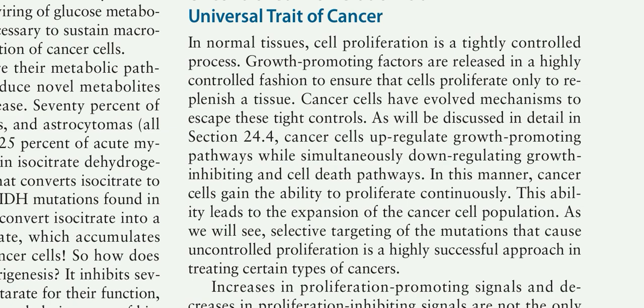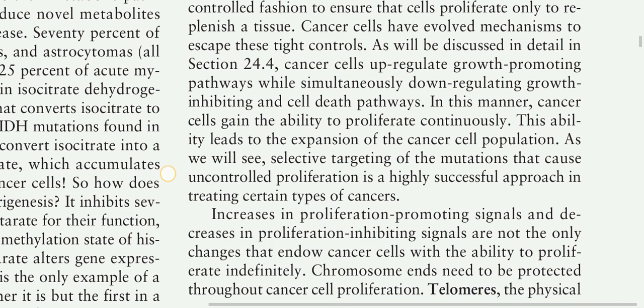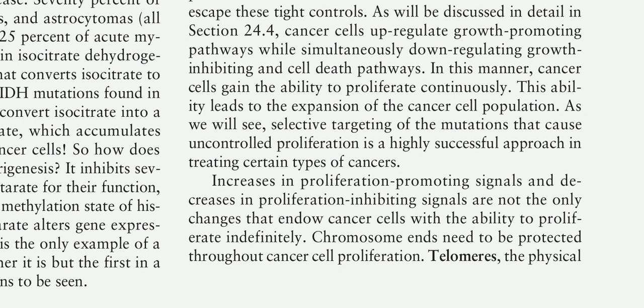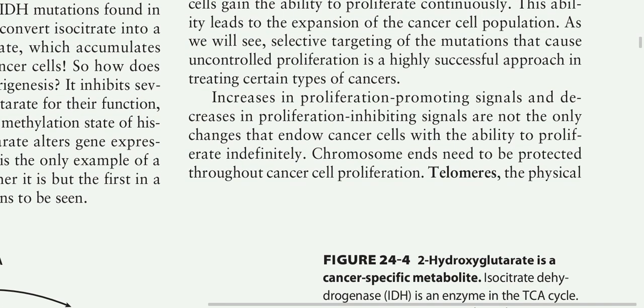Cancer cells upregulate growth promoting pathways while simultaneously downregulating growth inhibiting and cell death pathways. In this manner, cancer cells gain the ability to proliferate continuously. This ability leads to the expansion of the cancer cell population.